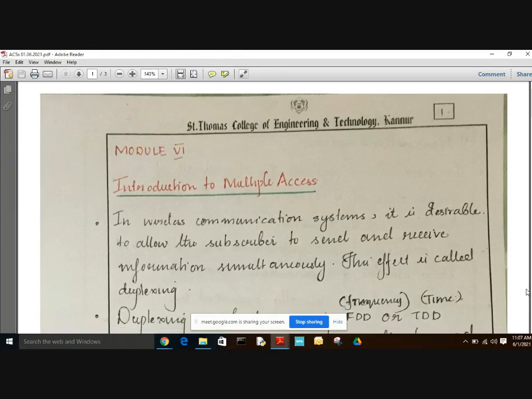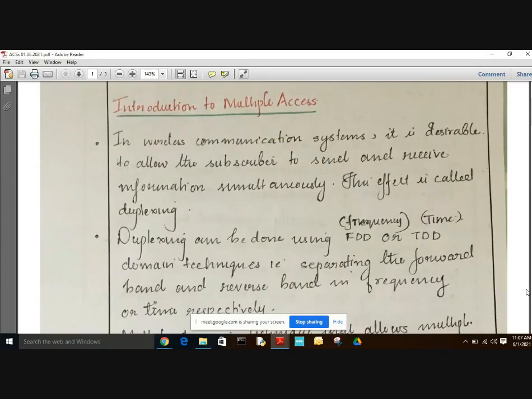the duplexing technique. So this duplexing can be done either by using FDD, that is frequency division duplexing, or TDD, that is time division duplexing. So there are basically two domain techniques, FDD and TDD, for duplexing, separating the forward band and reverse band in the case of frequency or time respectively.